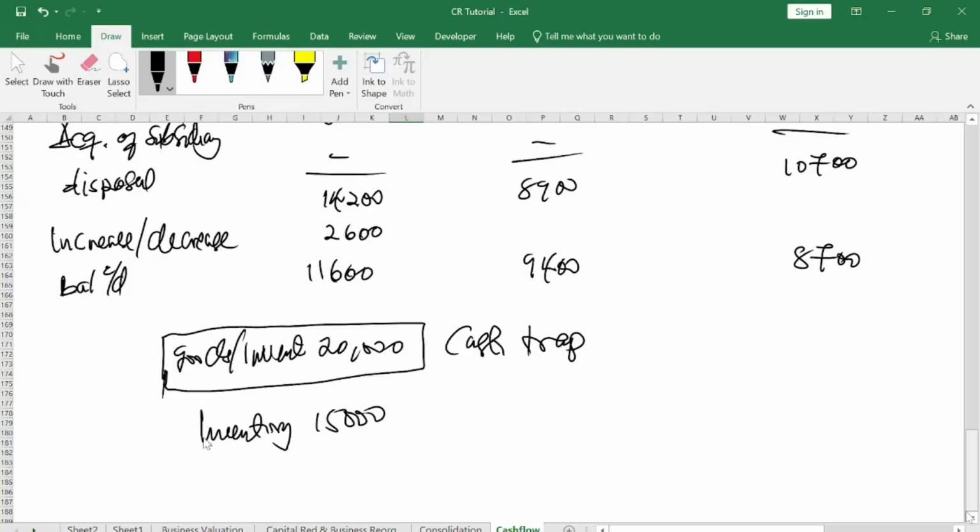How much is gone out of 20,000? 5,000 sold. When we sell 5,000, it turns into cash, which goes into the cash flow. That is the difference you are seeing here. Initially the inventory is 20,000. Now it is 15,000. The difference of 5,000 is cash. You have sold it.